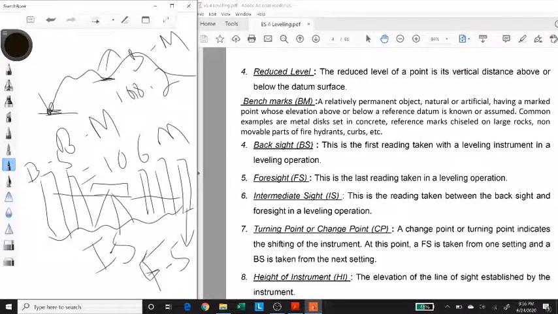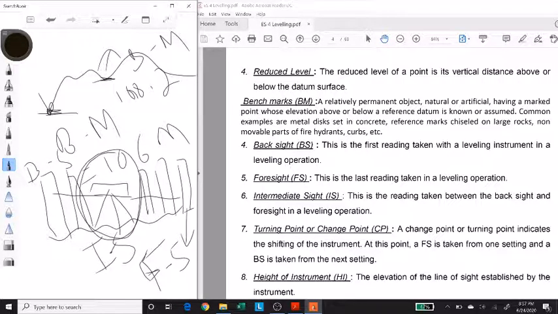So the first reading is called the backsight, the second, third, fourth, whatever number, are called intersights, and the last reading is called the foresight. And all of these readings are taken with the same location or same setting of the instrument. If I change the setting of my instrument, then you would have a new backsight, new intersights, and a new foresight.